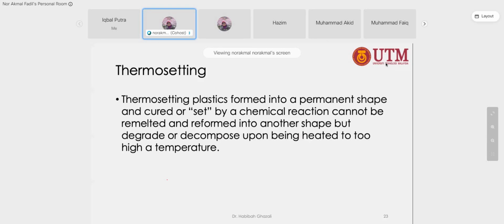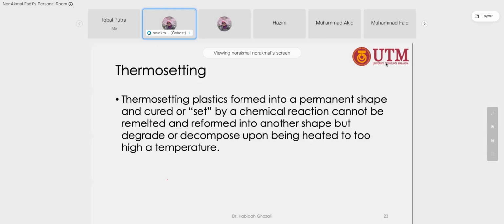This final form cannot be remelted and reformed into another shape, unlike thermoplastic. Thermoplastic, if you have the final product, you can heat it up and turn it into a liquid and form it into a new shape. Okay, you can recycle it. But thermosetting, when you have the final shape, you cannot remelt it and form another new product.